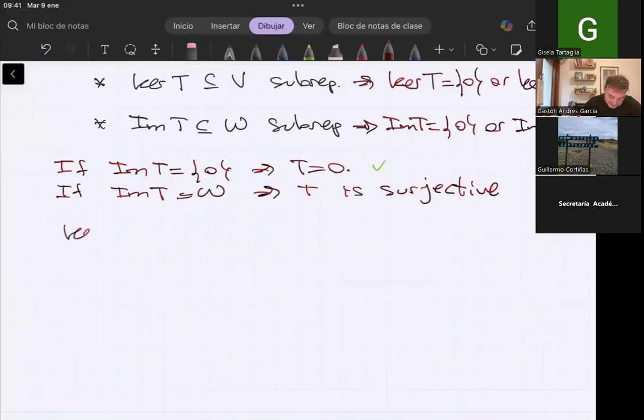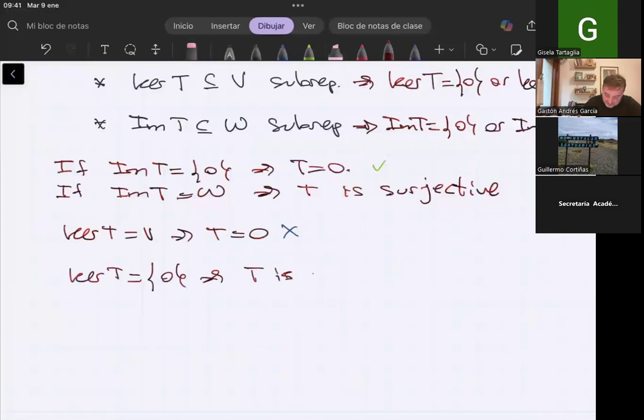If the kernel is V, then T is 0, which is a contradiction because we are assuming that it's not. So the kernel has to be 0, so T is injective, so it is an isomorphism. And that's the proof.